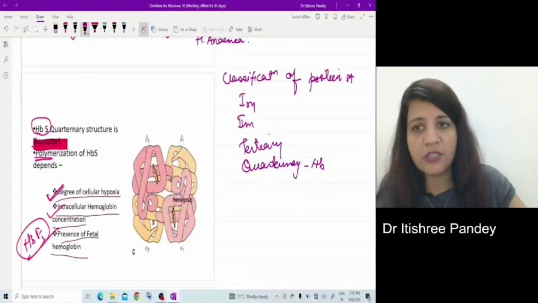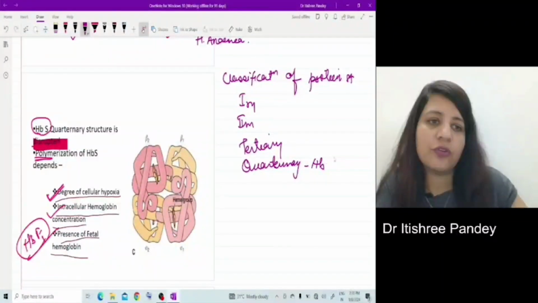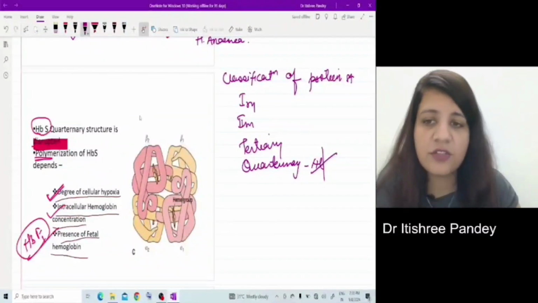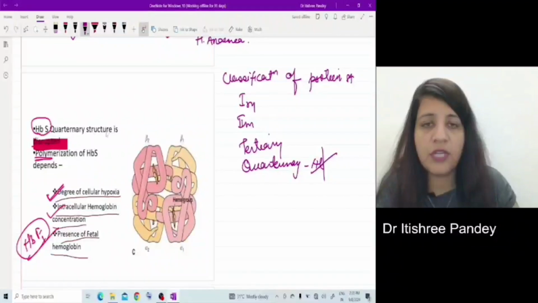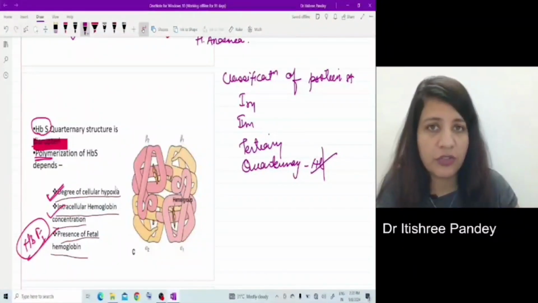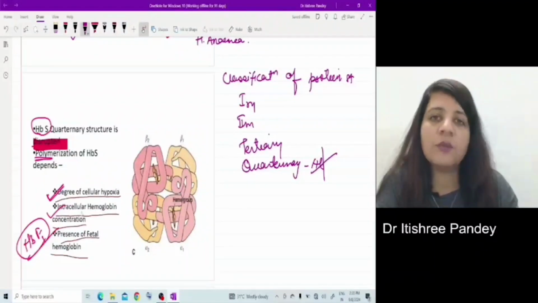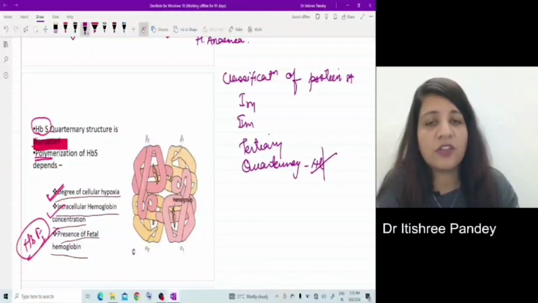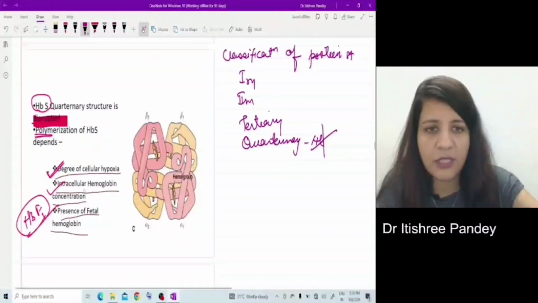In the deoxygenated state, the quaternary structure of hemoglobin S is disrupted, and the polymerization that leads to disruption depends on the degree of cellular hypoxia, that is the oxygen concentration present, and the intracellular hemoglobin concentration; the more the hemoglobin concentration, the lesser would be the effect of polymerization. It also depends on the presence of fetal hemoglobin, because HbF does not contain the beta globin chain, and hence there would be less polymerization of the sickle RBC.